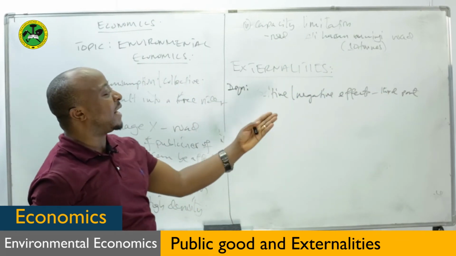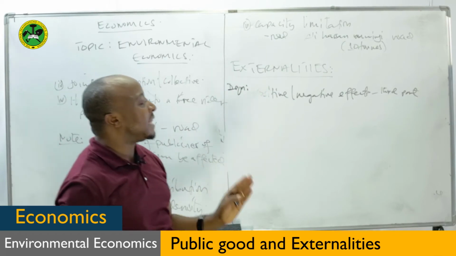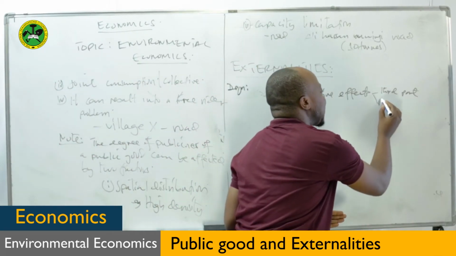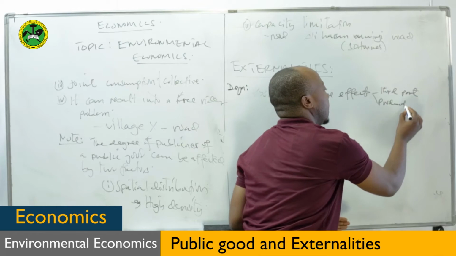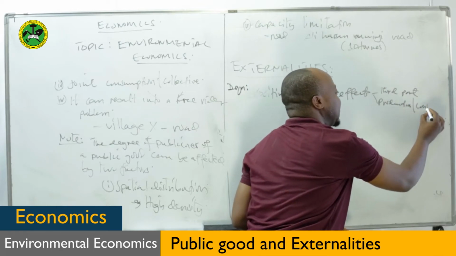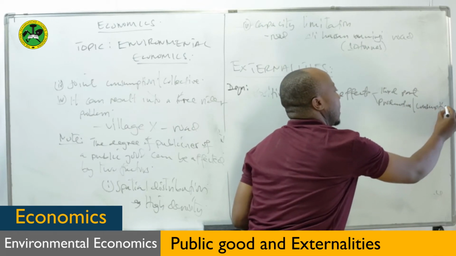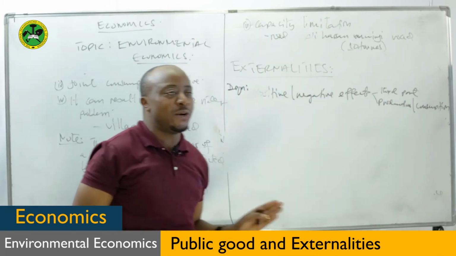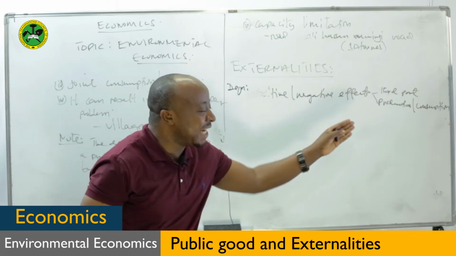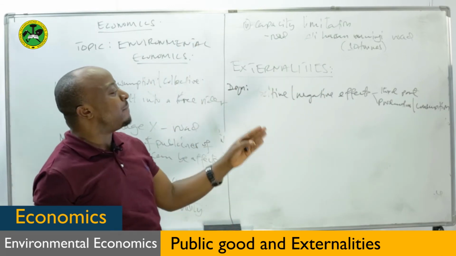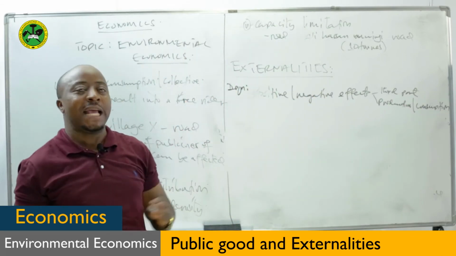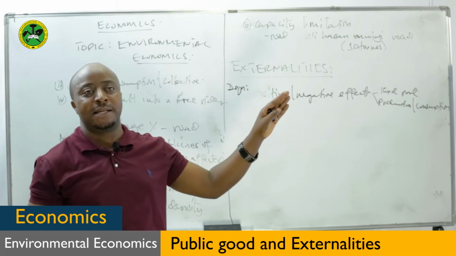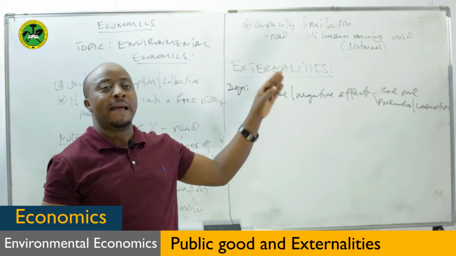And these effects, positive or negative, come either from production or from consumption. But after causing that effect, either the affected individual or the affecting individual does not compensate for it. If that effect is not compensated, then that is what we call an externality.